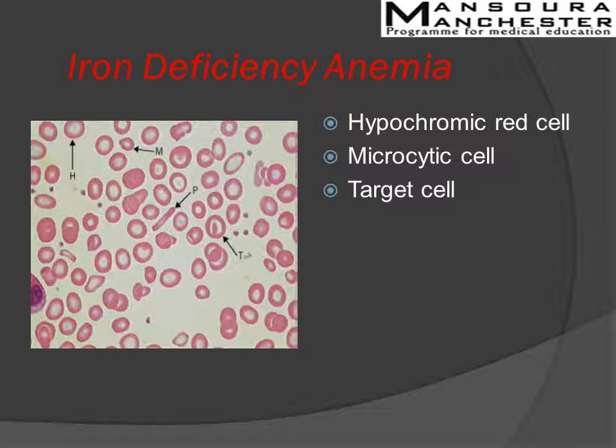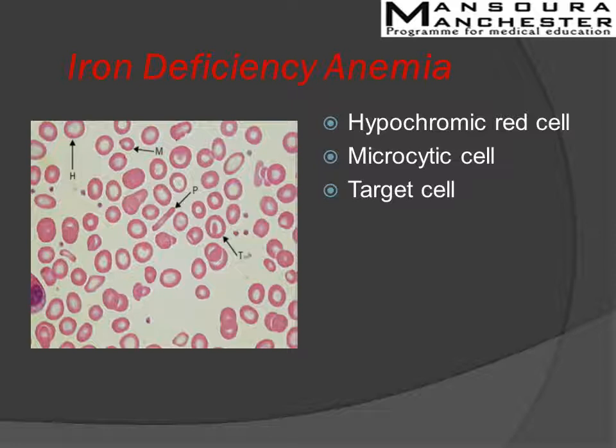Regarding the other iron profile, we will find decrease in the serum iron, decrease in the serum ferritin, decrease in the transferrin saturation, and increase in the total iron binding capacity. This is the most important finding of iron deficiency anemia. Another investigation is investigation of the cause, because chronic blood loss is an important cause of iron deficiency anemia and has to be excluded.